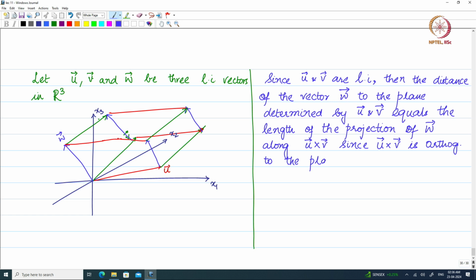We have already seen that this distance is given by the magnitude of w dot u cross v divided by the length of u cross v.